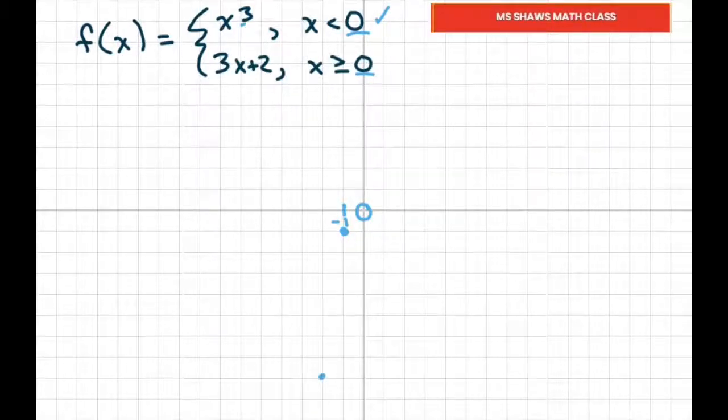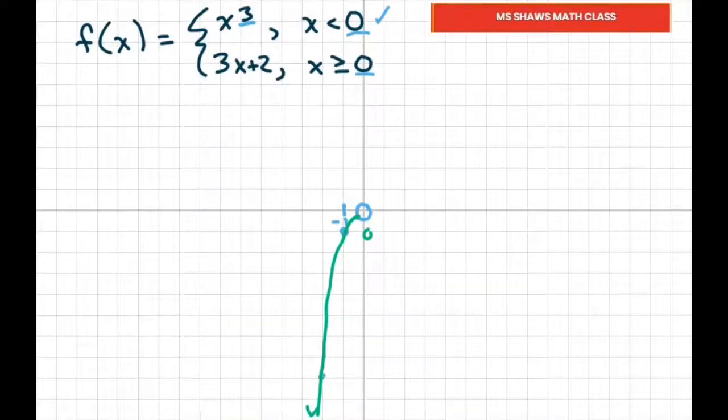And remember, if it's not linear, you have to plug in at least 3 points, which we did. So we're starting very close to 0 here without equaling it and going down. That's the left-hand side of the cubic function. So that's what's going on on the left side of your 0.